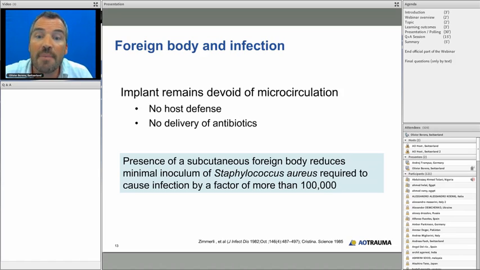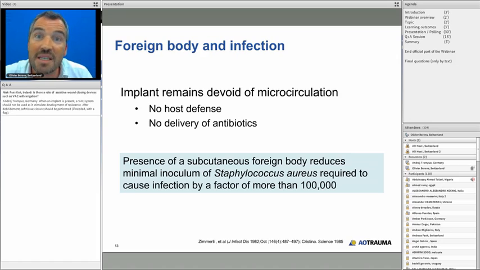bacteria. The problem is that most of the implants which we are still using today are not covered with antibiotics or antiseptics, so there's no host defense. At the same time, there's no antibiotic delivery directly on the implant, and the risk of infection is high. This has been shown many years ago, where they used foreign bodies subcutaneously and looked at how much more inoculum was needed to provoke an infection subcutaneously in healthy med students.